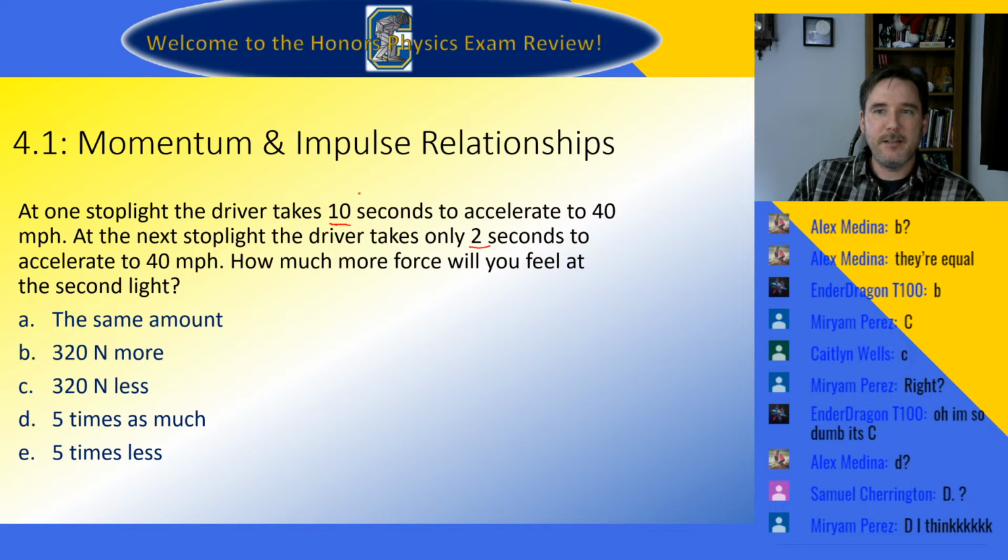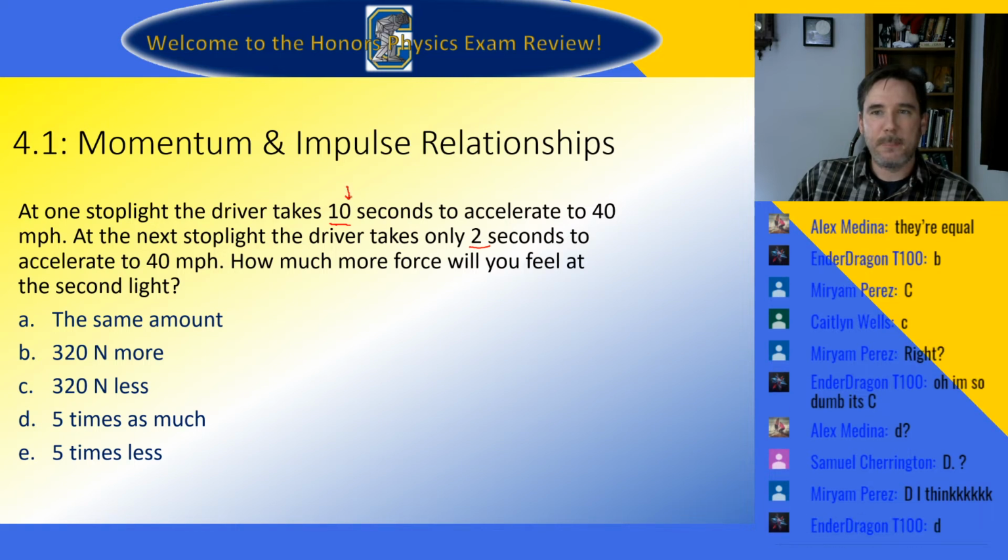So in this case, it takes 5 times more time to accelerate. This person the second time accelerated 5 times as fast. Because there's 5 times less time, you're going to feel 5 times as much force.